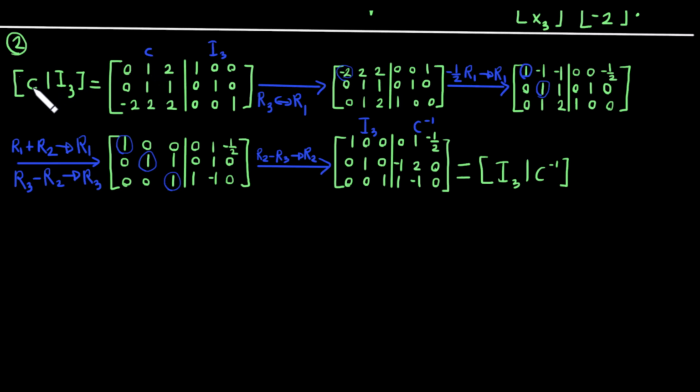So we start from C and we end with identity on the left side, and on the right side we go from identity to the C inverse. So that's it.